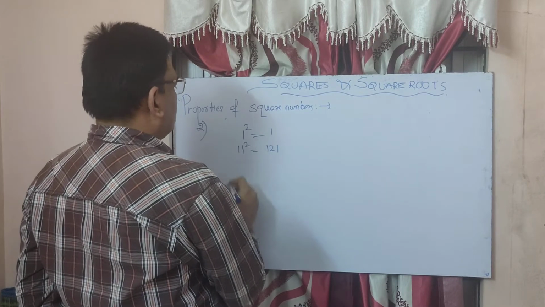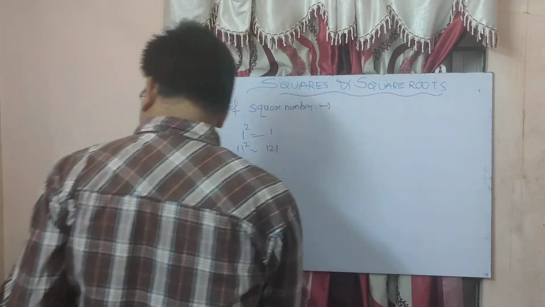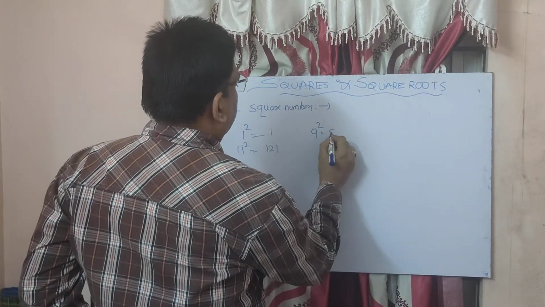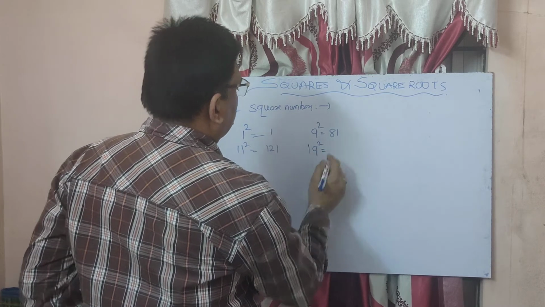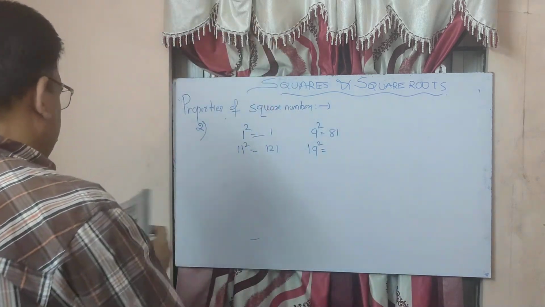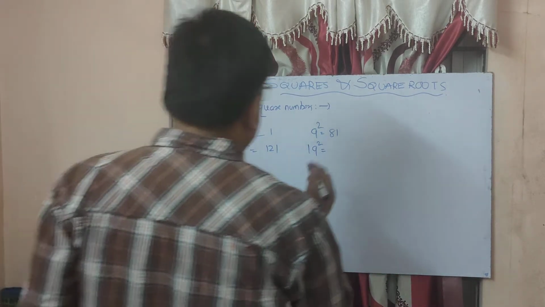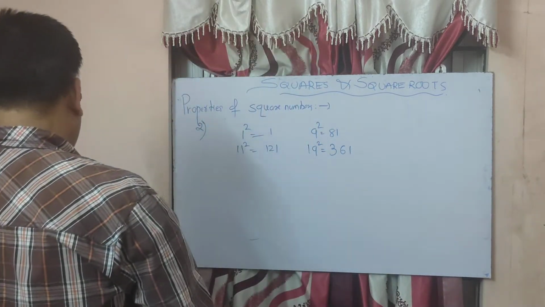For example, 9 square is what? 81. 19 square is what? I think it is 361. Like that.